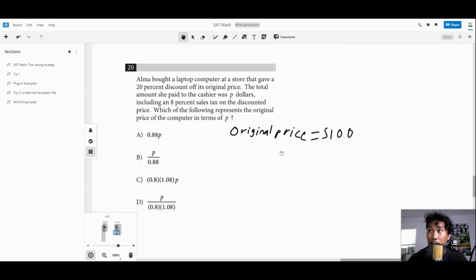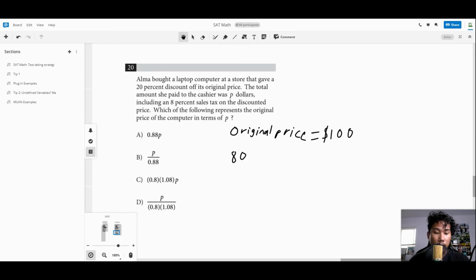And to get P, which is the value that Alma paid, I have to get the 20% discount, which is $80, and add an 8% sales tax on the discounted price. So adding an 8% sales tax, I just get 8% of 80, which is 6.4.